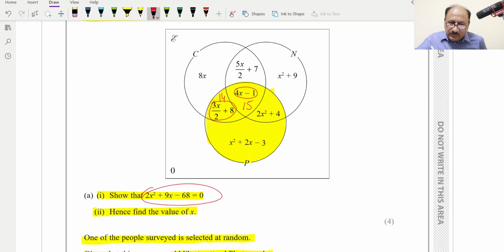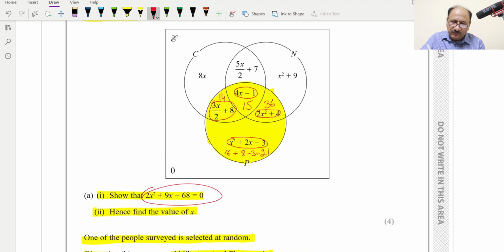If we check this portion, 2x square plus 4, this will be 4 square will be 16, 16 times 2 will be 32. 32 plus 4 will be 36, so this portion will be 36. And we have to calculate this also. This will be 4 squared will be 16, so 16 plus 4 into 2 will be 8, and minus 3, and this will be equal to 21.